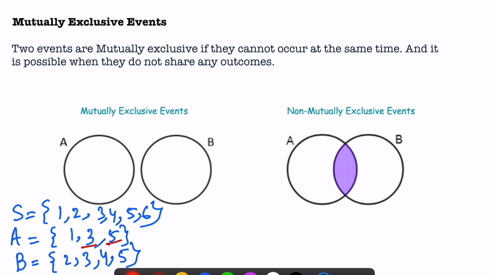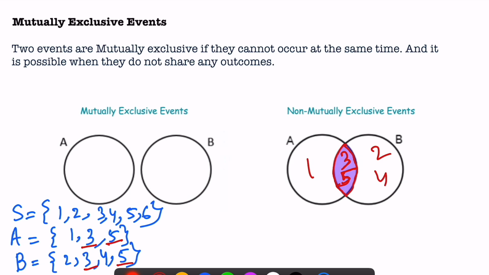They have 3 and 5 in common. So if we draw it in this Venn diagram, event A is 1, 3 and 5 and event B is 2, 3, 4 and 5. The 3 and 5 are common outcomes and they are not mutually exclusive.